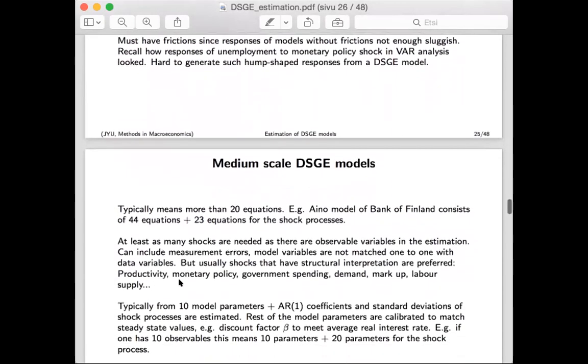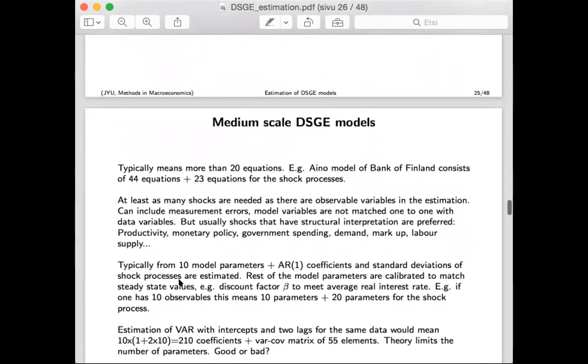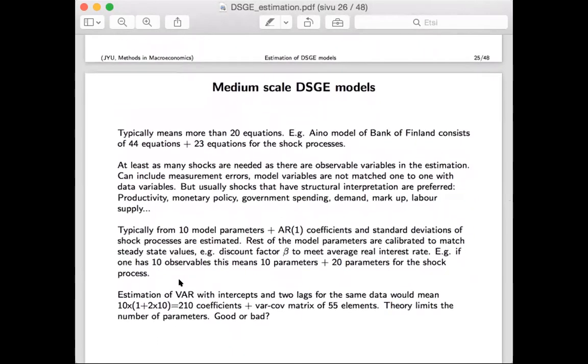Usually there are quite many equations, at least if one has an open economy model. Then there are many shock processes, since one needs to have at least as many shocks as one has observed variables in the estimation.